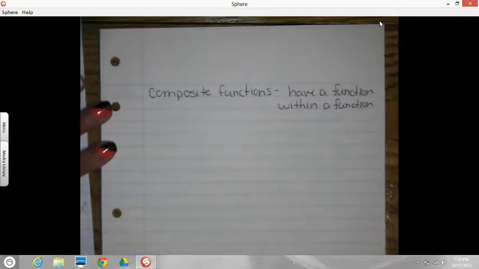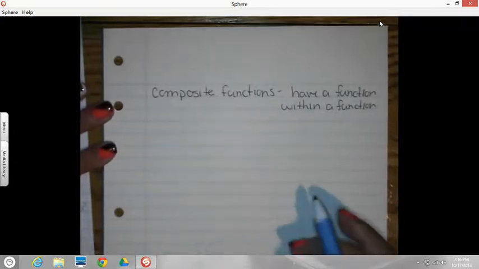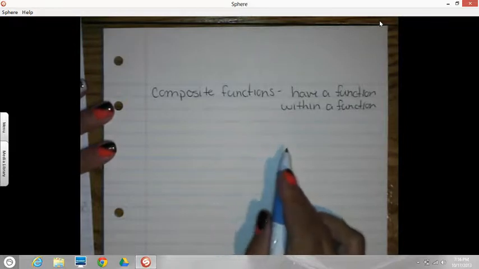Okay, and what we have to be able to do before we can do this next derivative is pick out the inside function and the outside function.